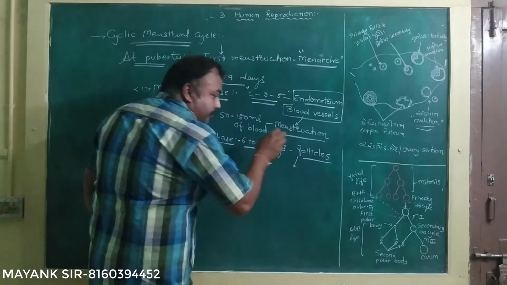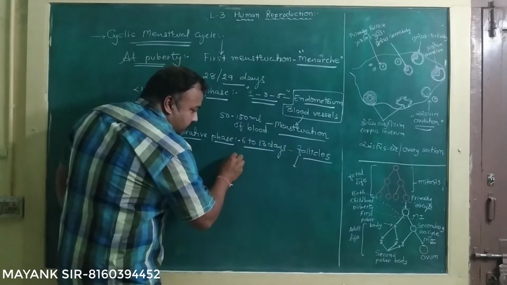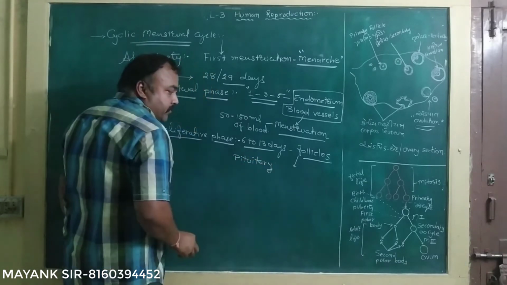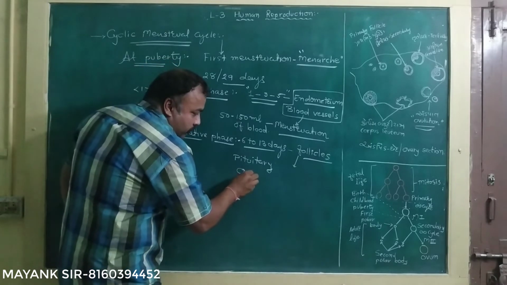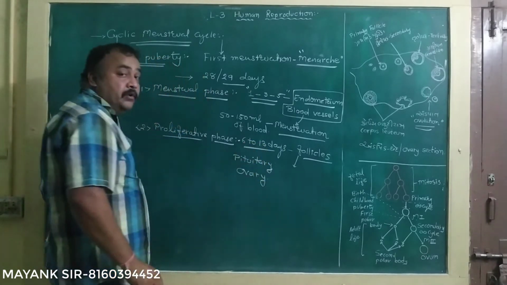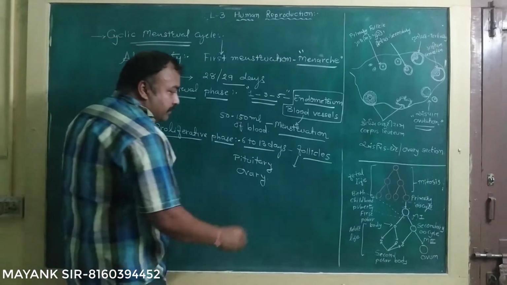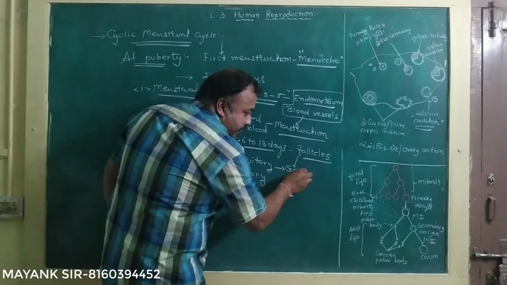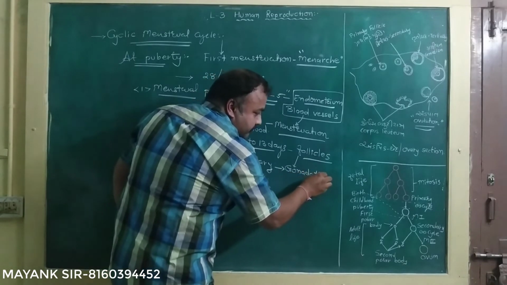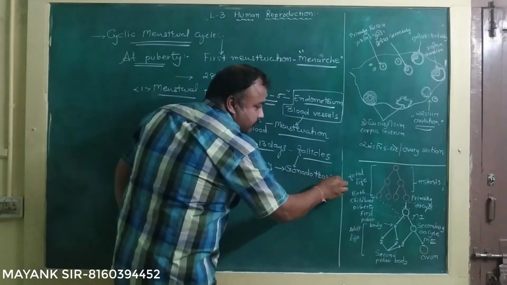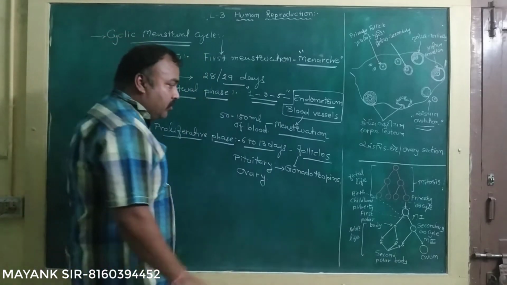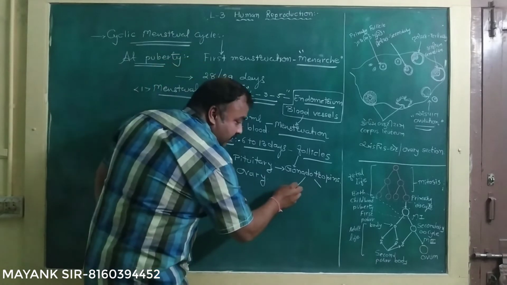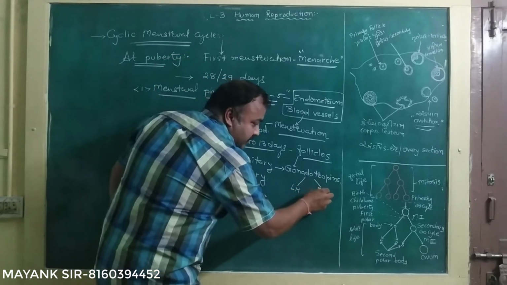During this time, the hormones of the pituitary gland as well as the hormones of the ovary play an important role. The anterior pituitary gland secretes gonadotropins, which, as I discussed earlier, are of two types, LH and FSH.